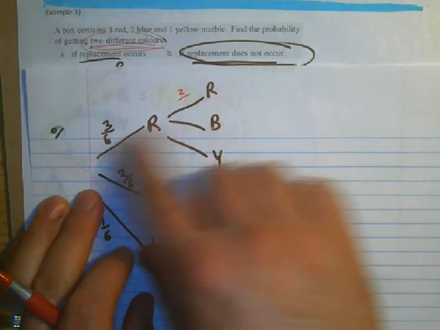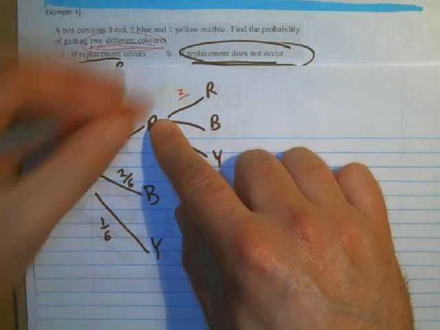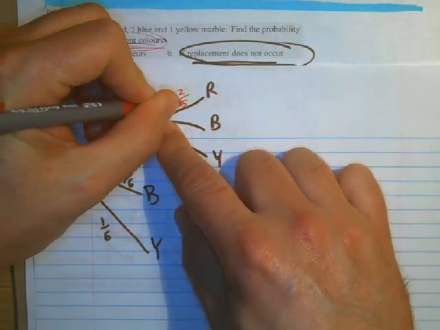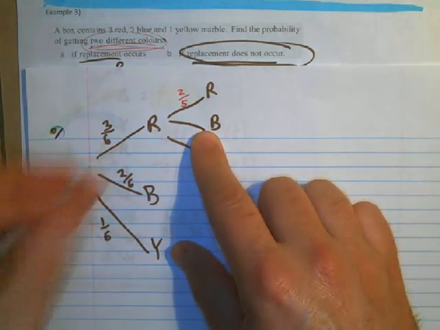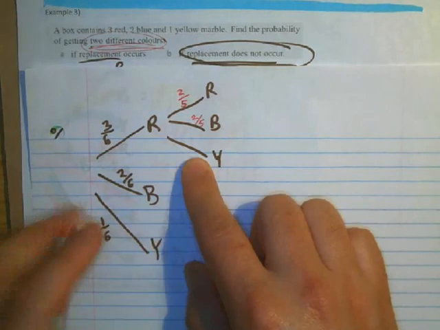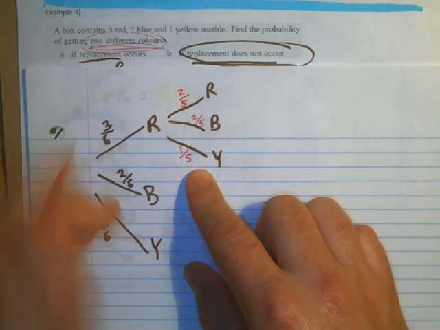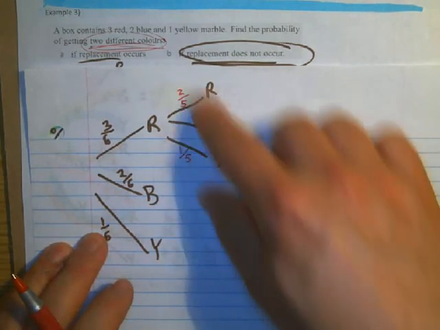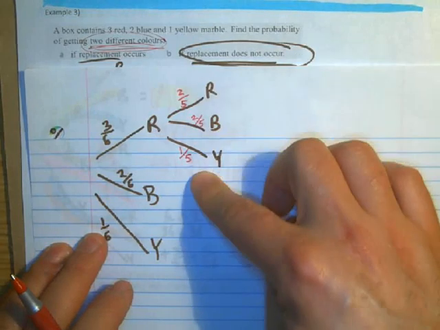And if I've taken a marble out, how many marbles are there total? 5. You've taken a marble out, so the denominator has decreased by 1. Are there still 2 blue marbles? Yes, so that's 2/5. And then there's still 1 yellow marble. Do all of these add up to 1? 2/5 plus 2/5 plus 1/5? Yes, that adds up to 1. I know I've done it correctly.